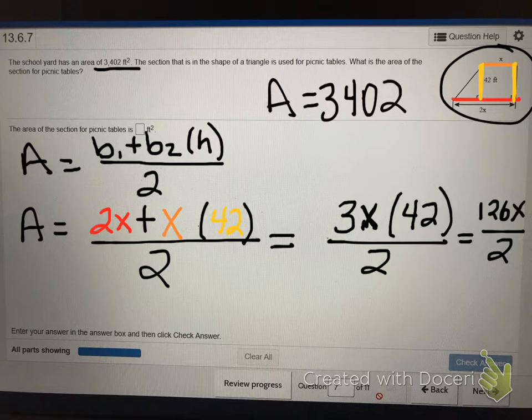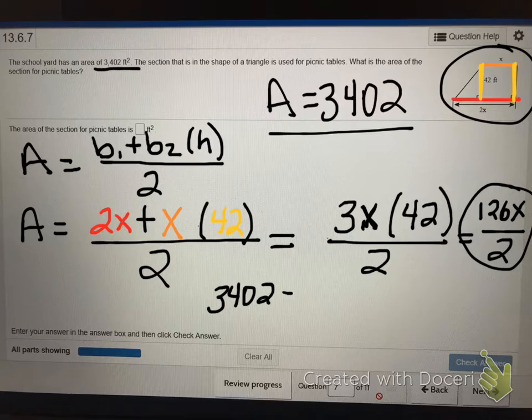Now, they told us at the beginning that the area was 3,402. So let's set our simplified expression equal to the area and see if we can solve for the value of x. So I've got 3,402 equals 126x over 2. When we're solving equations, remember the goal is to try to get x by itself. The first thing I want to do is get rid of this 2, and I'm going to do that by multiplying both sides by 2.